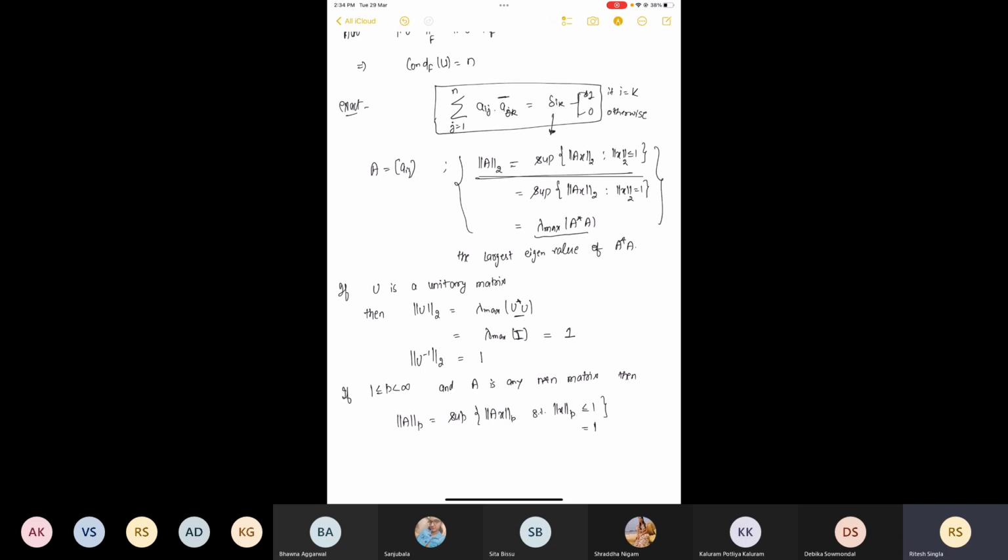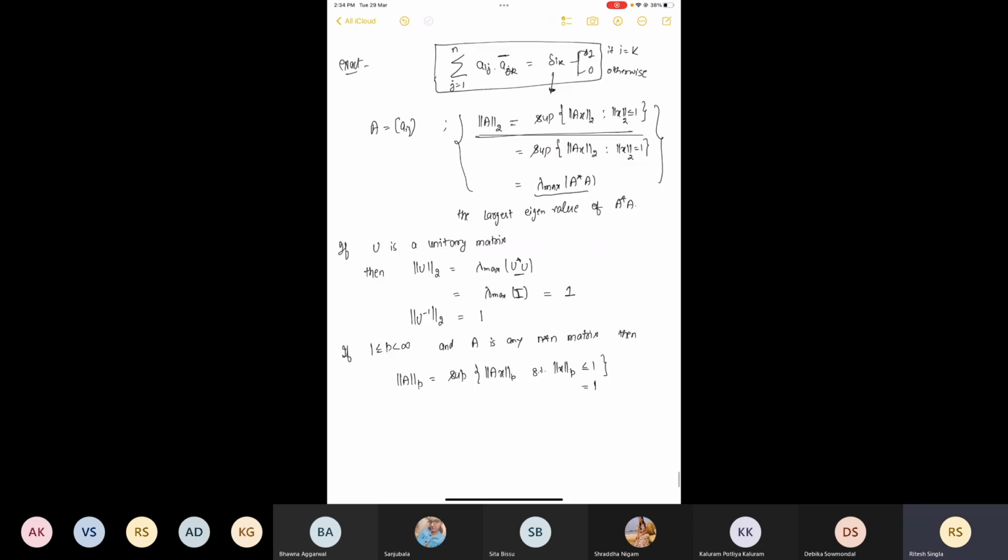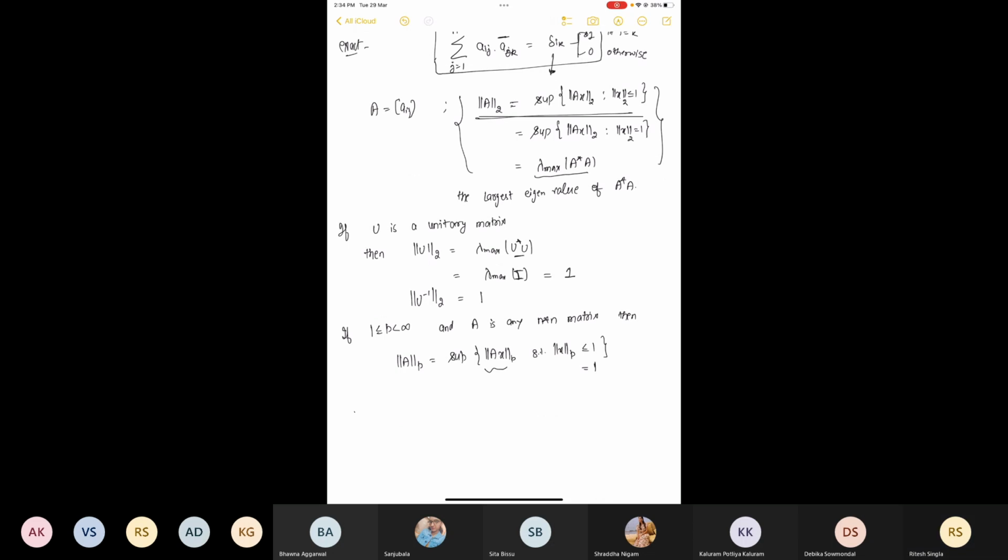You can also make it equal to 1. This is a definition. And for this, if I say AX is some y1, y2 up to yn, then the Lp norm of AX is nothing but summation |yi| power p, i running from 1 to n, whole power 1 by p.